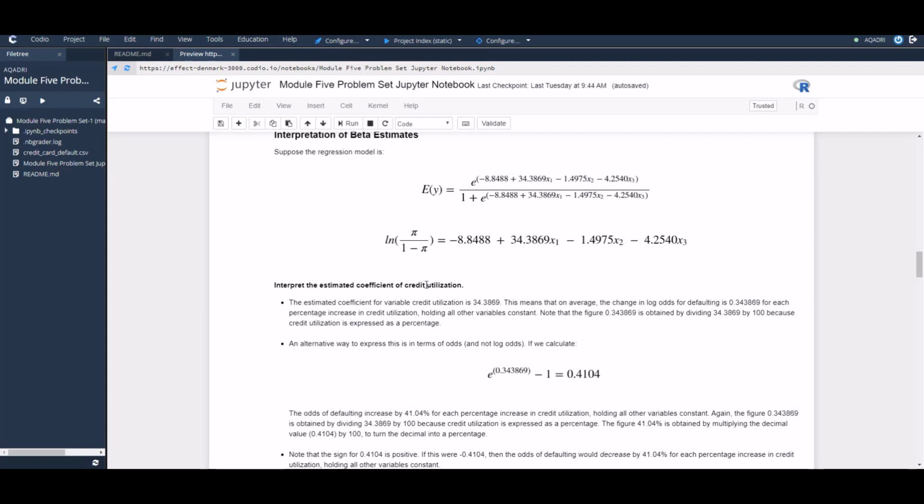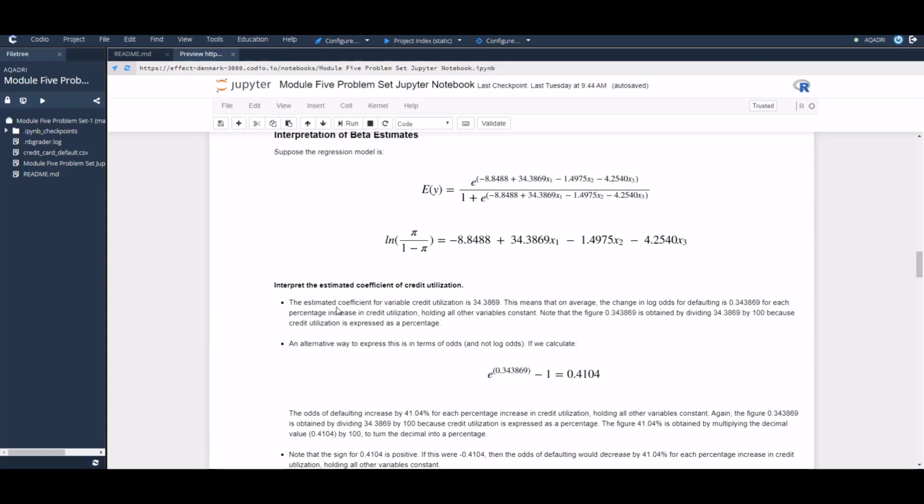As you know, credit utilization was between 0 and 100%. So you can be anywhere between 0 and 100%. And the data that was given to us was in decimal points. So for example, 0.40 meant that credit utilization is 40%.